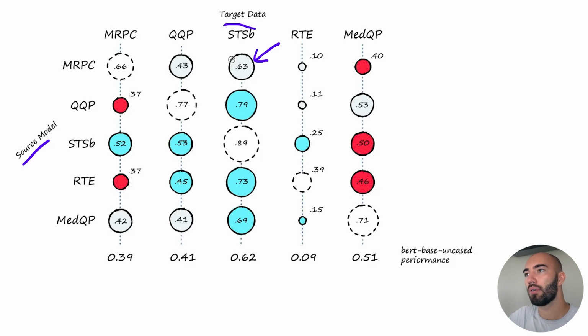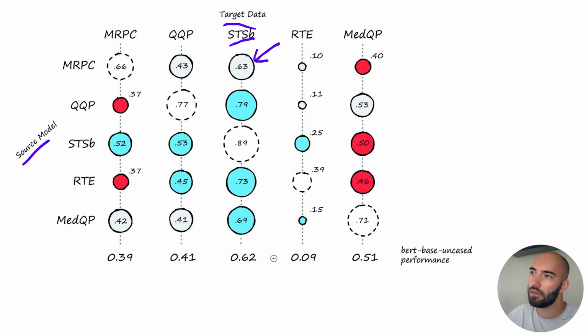So this 0.63. Now we should be able to get better performance in this, I think, but we'll have a look. And we can also see, I said the STSB is quite easy as a data set to get good results on. And we can see that here because all of these do achieve better performance.